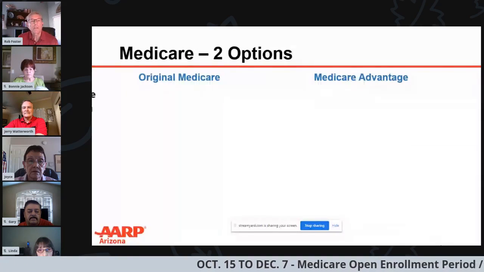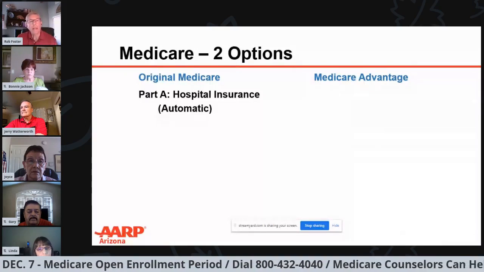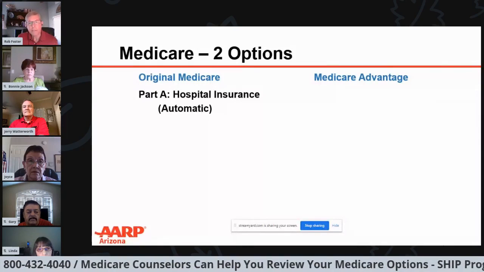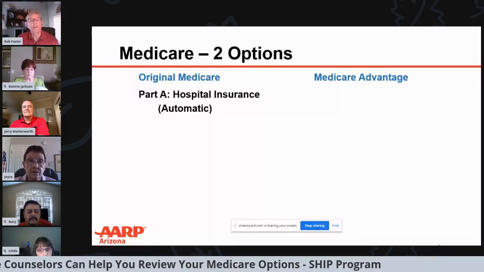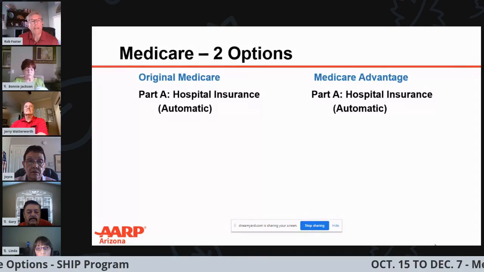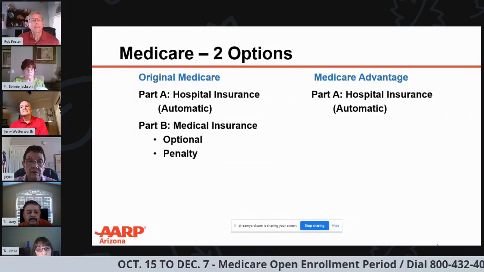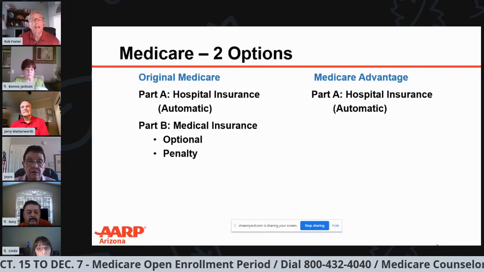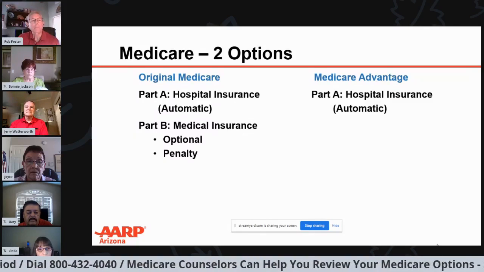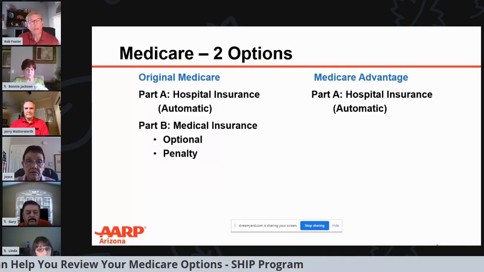And this slide explains that Original has Part A, which is hospital insurance, and you have already paid for that during your working years. Advantage has exactly the same Part A, which is automatic. Part B is medical insurance, and this is optional for people who may not choose to pay for it right away.